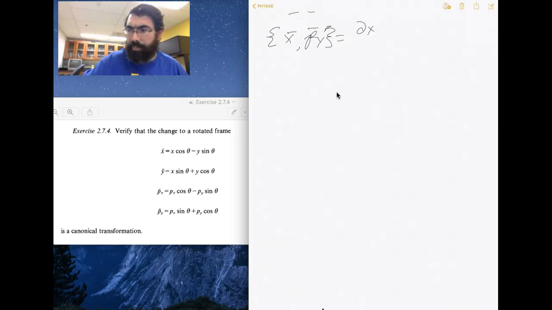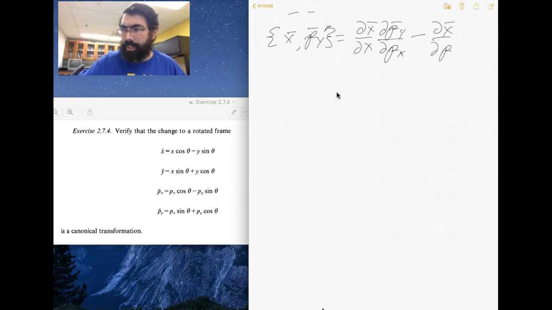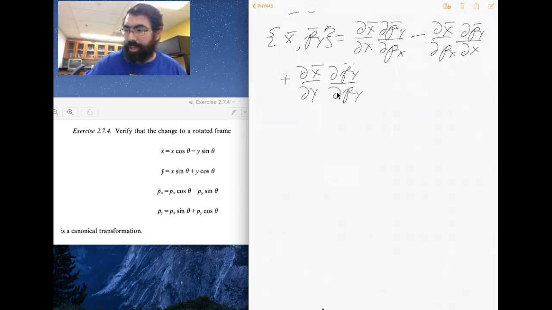And we have the derivative of x bar with respect to x, the derivative of p bar y with respect to px, minus the derivative of x bar with respect to px, the derivative of py bar with respect to x, plus the derivative of x bar with respect to y, the derivative of py bar with respect to py, minus the derivative of x bar with respect to py, and the derivative of py bar with respect to y.